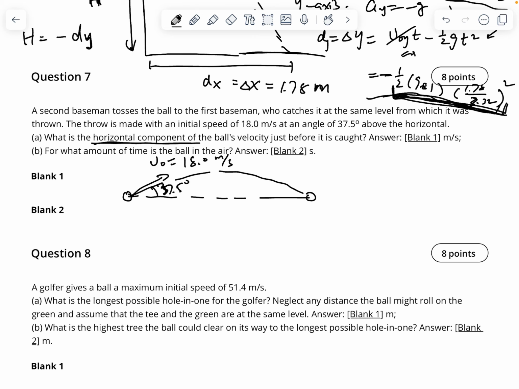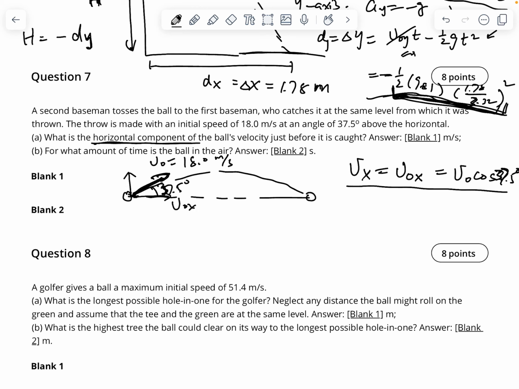The horizontal component is the same all the time, right? So Vx, the horizontal component, equals Vox equals V cosine 37.5 degrees. So motion in the horizontal direction is motion with constant velocity. Basically you have to break down the initial velocity into horizontal and vertical components, right?